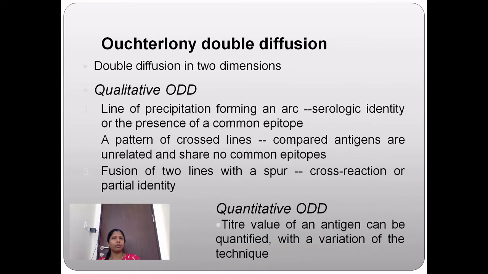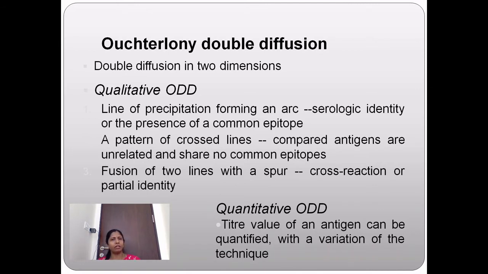The next type of diffusion based antigen antibody interaction is Ouchterlony double diffusion. This involves diffusion of both antigens and antibodies in two dimensions. The Ouchterlony double diffusion, generally abbreviated as ODD technique, can be used both for qualitative as well as quantitative purposes.